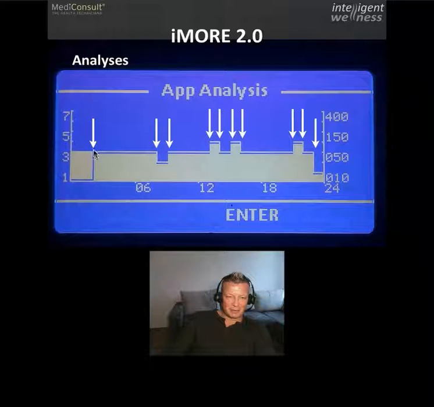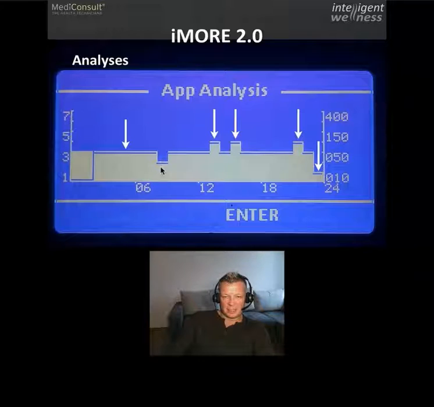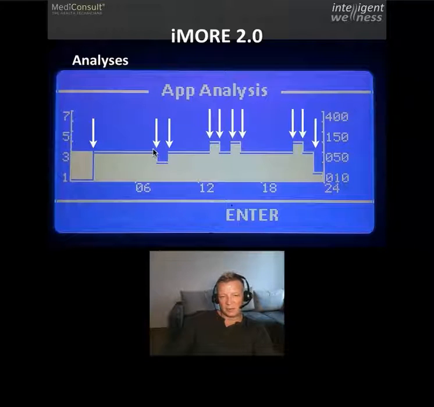So what happens after 2 minutes? Nothing happens, because after the first benchmark, the IMRS will not yet change anything, because it needs a second benchmark to have a comparison. So what happened here was that after 7 minutes, or after 8 minutes here, the imore detected a decrease of the heart rate variability from 3 to 2.